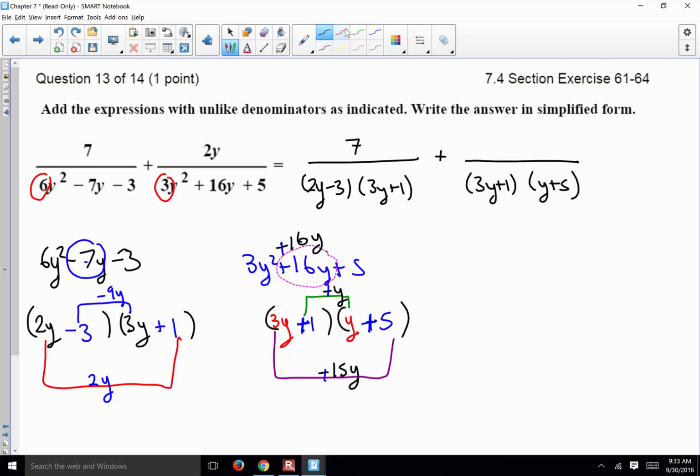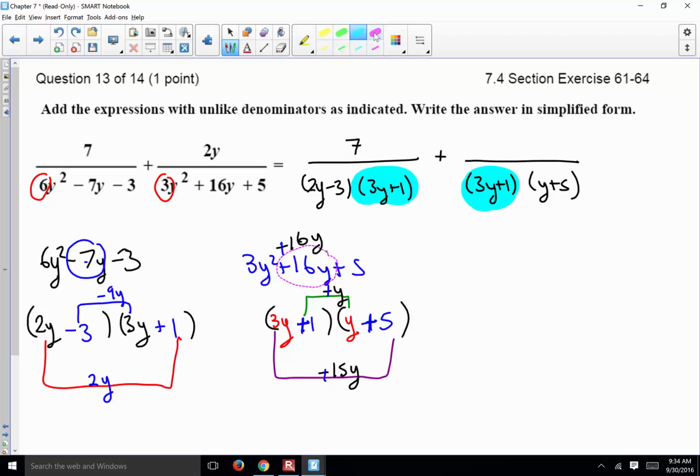Now let's seek what's common already. Do you see anything common in these terms? I will color the ones matching in yellow. What is it? 3y plus 1 is there. No, this time we go with blue. Okay. So these are matching already. You don't have to try to match.